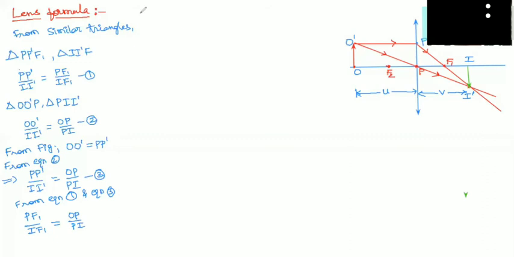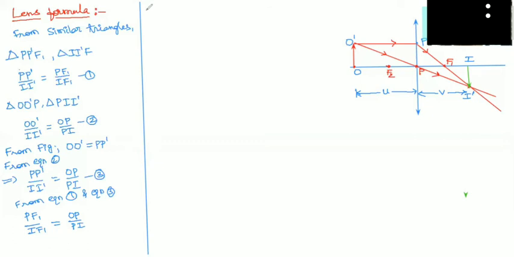So first one we have is PF1. It is there already in terms of P, so we don't need to change that. Next, IF1 is there, so that we have to change. From the diagram, if you see, IF1 can be written as PI minus PF1.